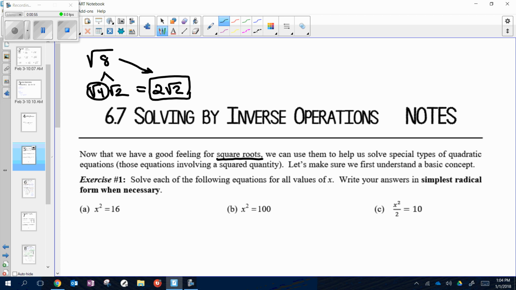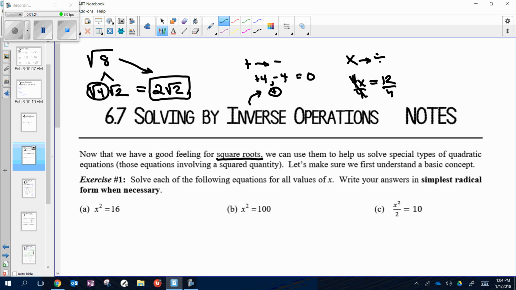Another thing to keep in mind is the word inverse. When we add, the inverse of addition is subtracting. A positive 4 and a negative 4, if you added them together, would give you a 0. And when you multiply, the inverse of multiplication is division. So if you had, say, 4x equals 12, you would divide by 4 to get the x alone.